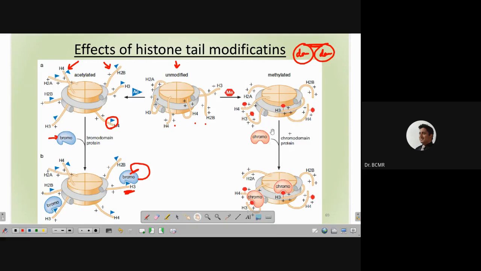But they can methylate it, and then those are interacted by chromodomain-containing proteins, and then further activity will be made. Acetylation is usually, not always, but usually associated with expression. Why does that make it easier? Because the more these are extended out, they are more accessible to be interacted by other proteins, which might be involved in gene expression.